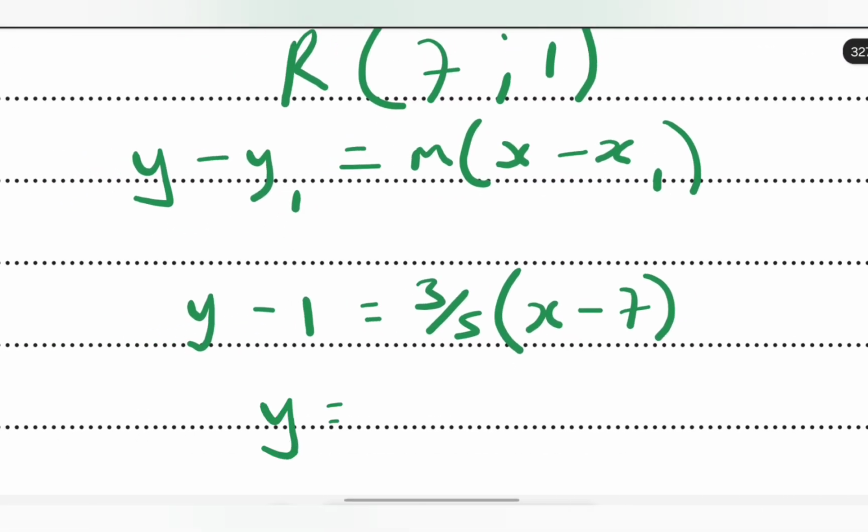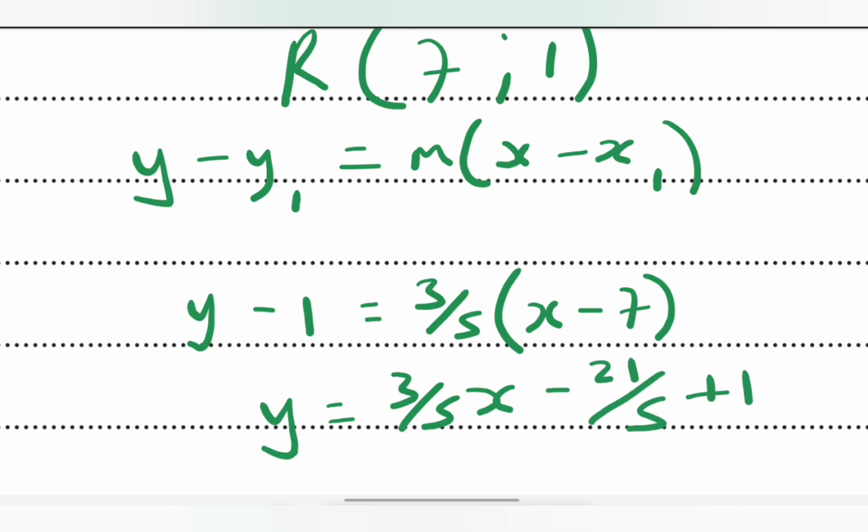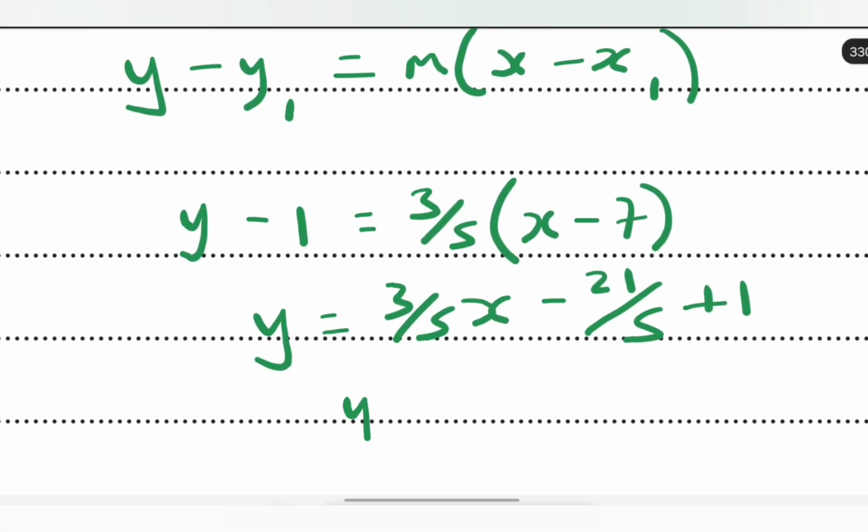And this gives us y is equal to 3/5 x minus 21/5 plus 1. Then minus 21/5 plus 1 is giving us minus 16/5. So y is equal to 3/5 x minus 16/5.